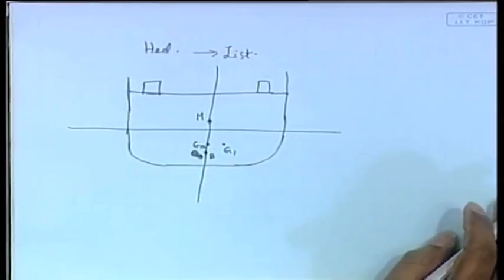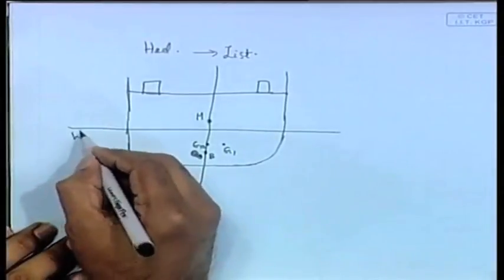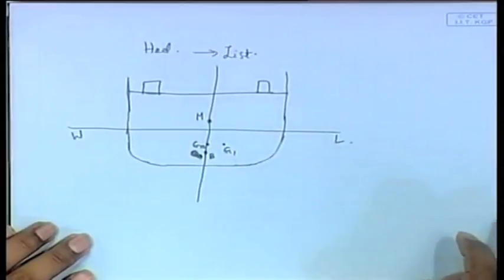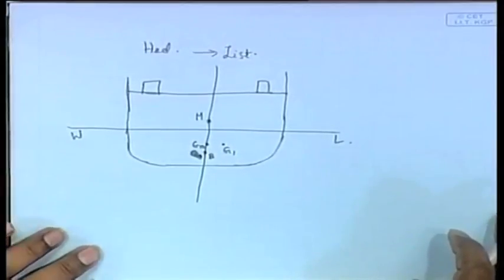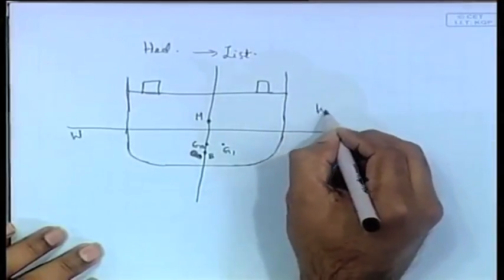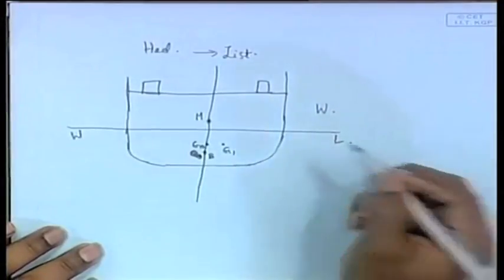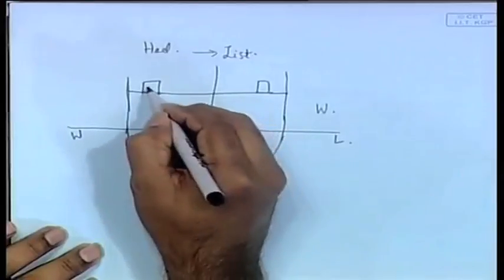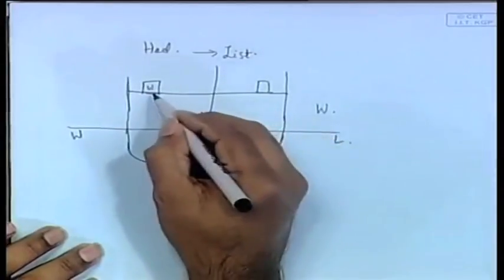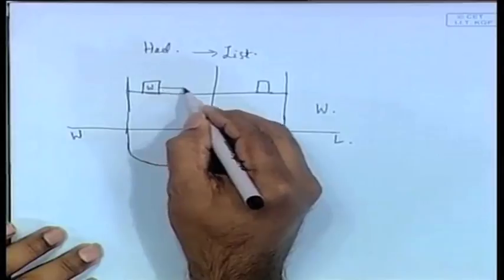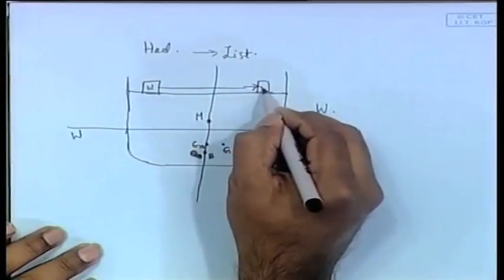Now we have a section of a ship, this is your water line. Now, the problem in this case is you are given that, let us say that the total weight of the ship is capital W, and let us suppose that there is a small weight on the ship, small w, that is displaced from this point initially, from here it is displaced to this point, okay.